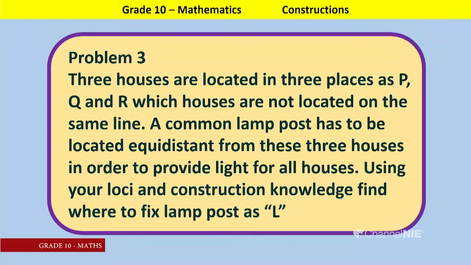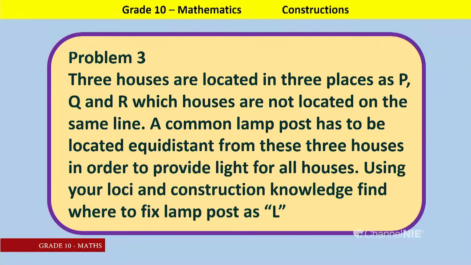3 houses are located in 3 places as P, Q and R. The houses are not located on the same line. A common lamp post has to be located equidistant from these 3 houses in order to provide light for all 3 houses.